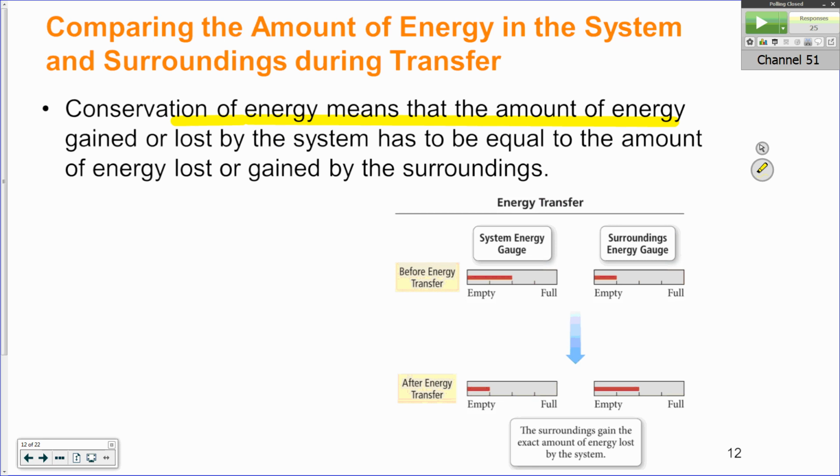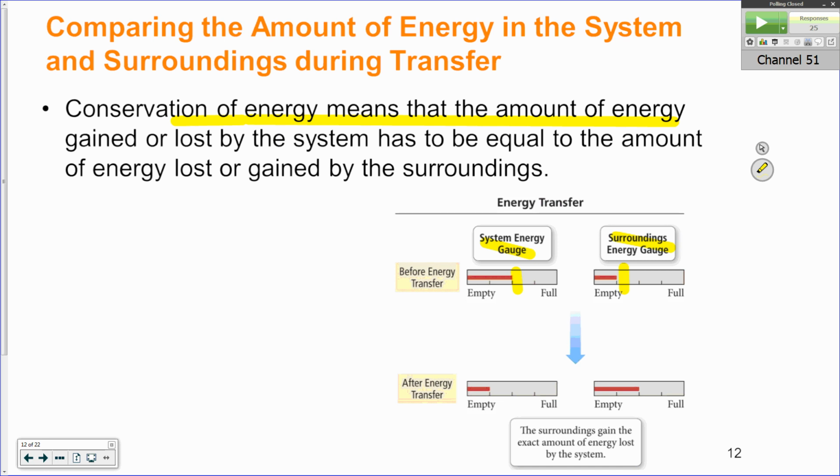One way to think of it is as your fuel gauge. You can have fuel in different forms. Think of two tanks in your car; old trucks used to have dual tanks, and you can switch between them. So if you have your system energy gauge and your surroundings energy gauge, on the first one it's half full in the system and a quarter full in the surroundings. Then some transfer occurs.